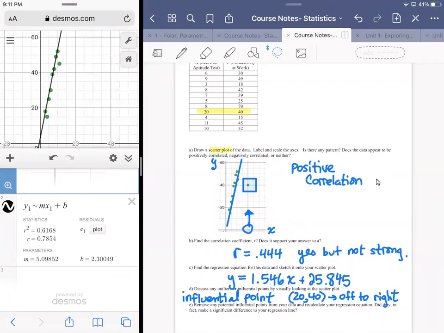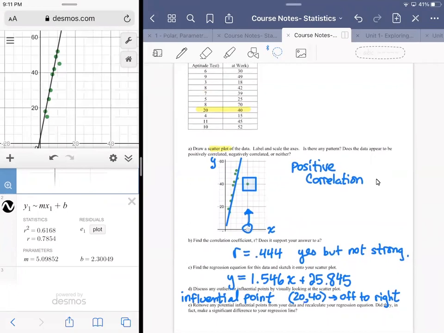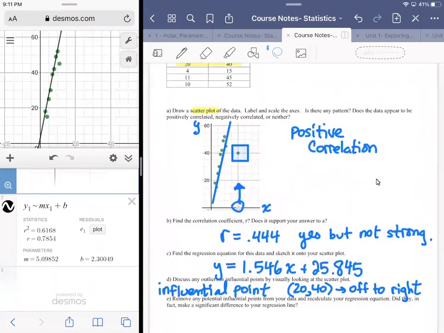Well, yeah. I mean, the equation is so different, right? It's not even close, right? So the R value, they didn't ask for R here, but I'm going to put it anyway. The R value jumped to 0.785. So it went from, all right, there's a positive relationship, but it's not really that strong, to now it's kind of strong.